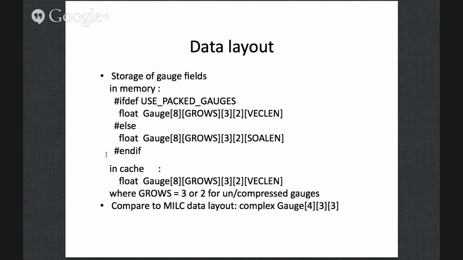Then 3 columns, the real and imaginary part, and then the back length or the SOA length. The original MILC data layout for the gauge field stores the 4 forward directions, with 3 rows and 3 columns.